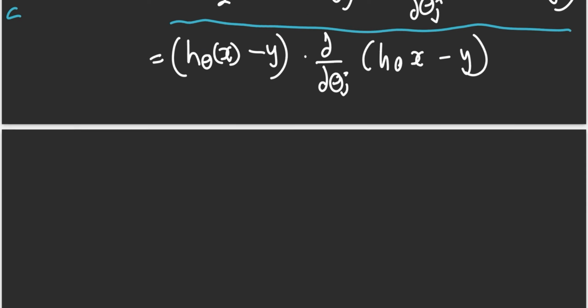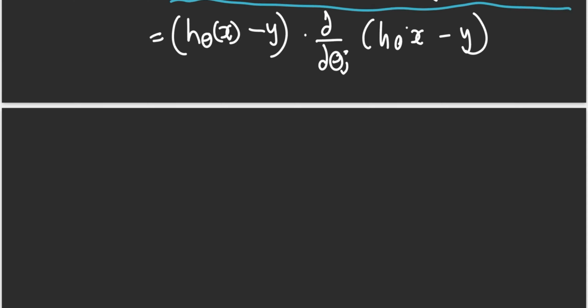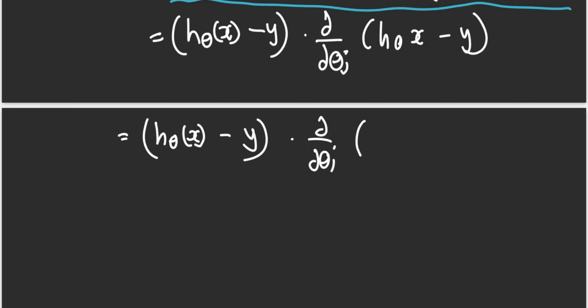Okay. So moving on, from this expression here, you're trying to find the partial derivative of h theta of x minus y now. But I already know that h theta of x is basically theta 0 x 0 plus theta 1 x 1 plus dot dot dot theta j x j, then we continue, minus y, all of that squared.